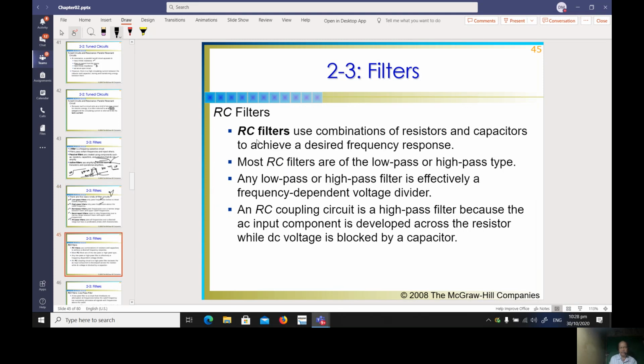Then usually it is made of RC filters, made of capacitor and resistor. And there are combinations of resistors and capacitors to achieve the desired frequency.